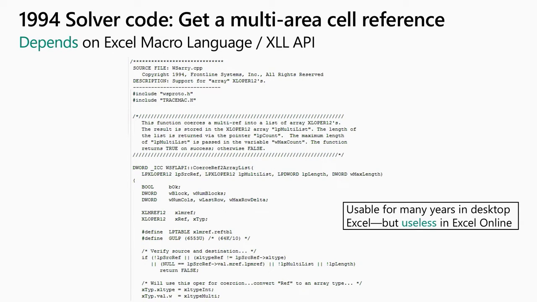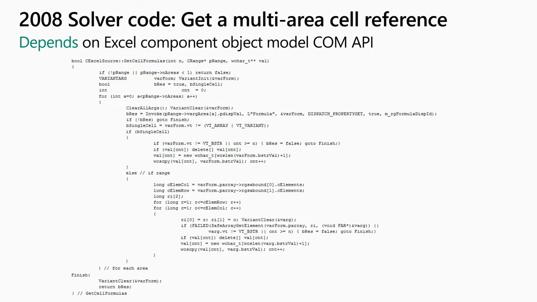So that was 1994. Let's jump forward by, let's see, 14 years to 2008. And now we have some more code. And there should be some people here, maybe a few more people, who can recognize dispatch pointers and variant types and stuff like this. So this is COM. And this is, of course, using COM from C++ instead of using it from a high-level scripting language like VBA.